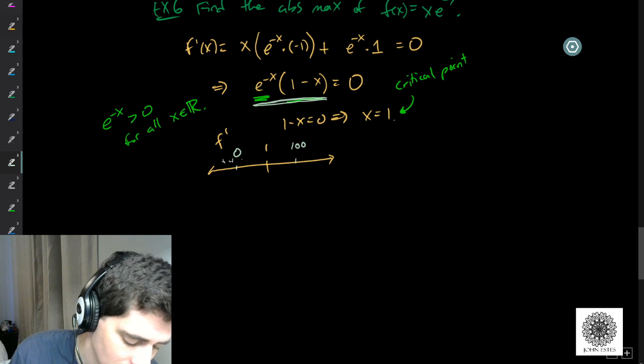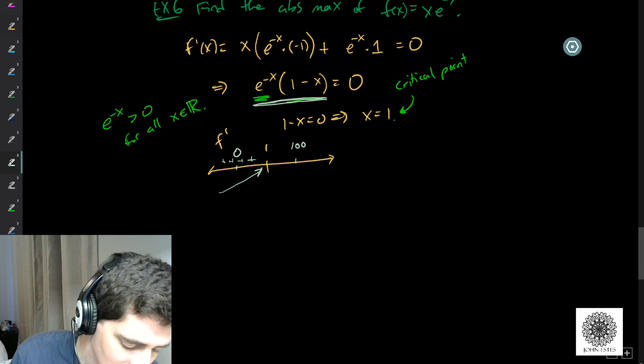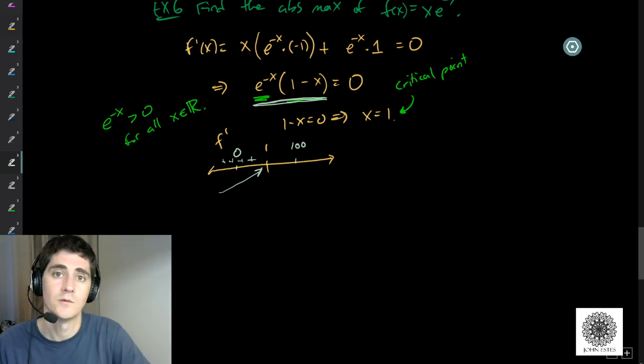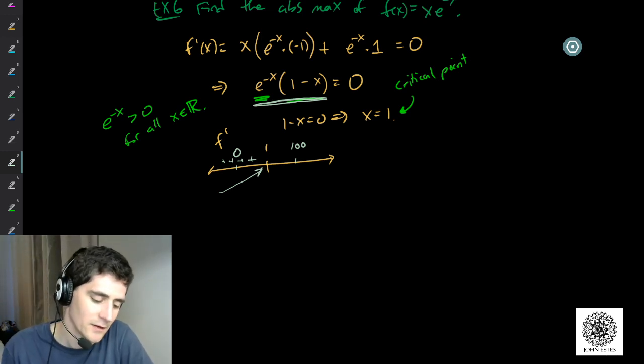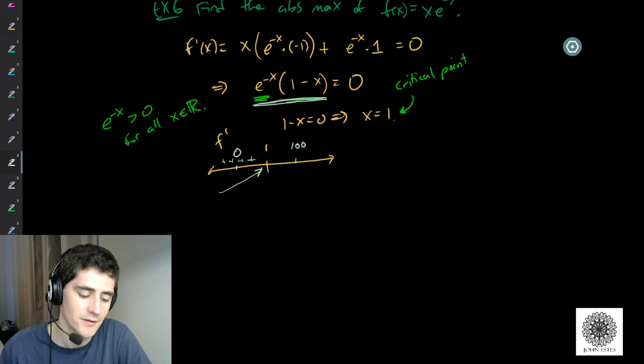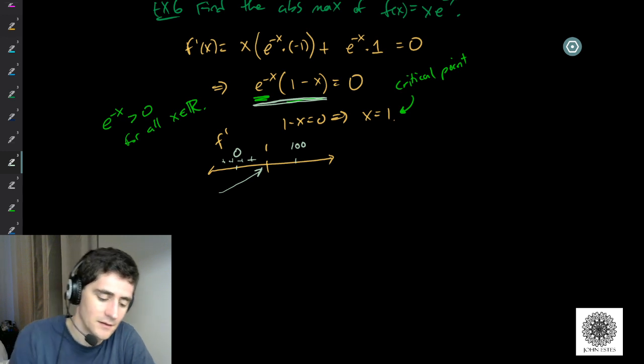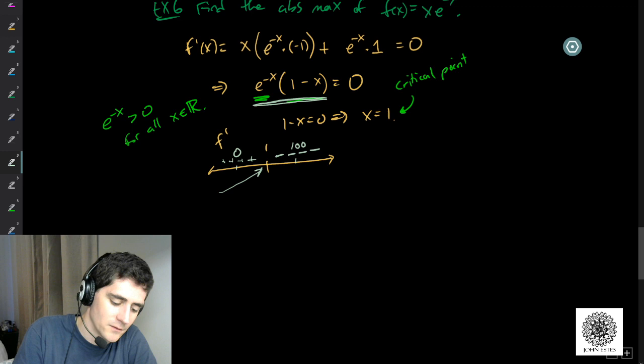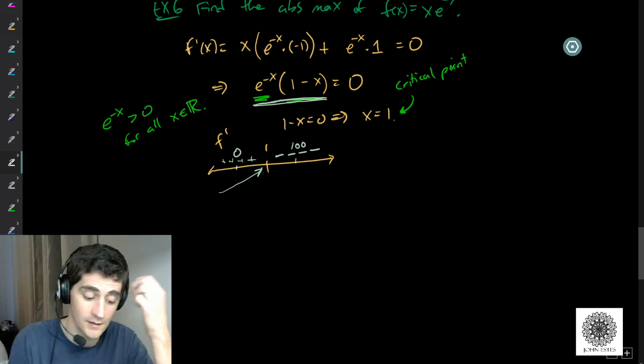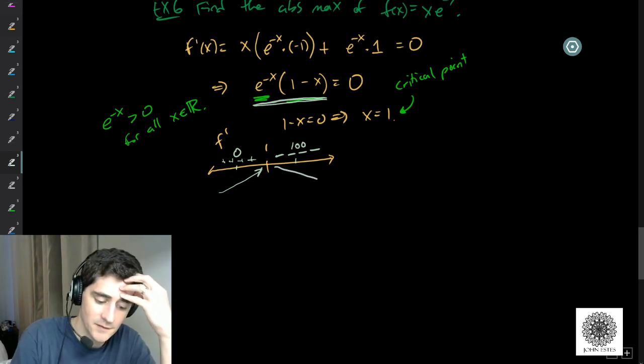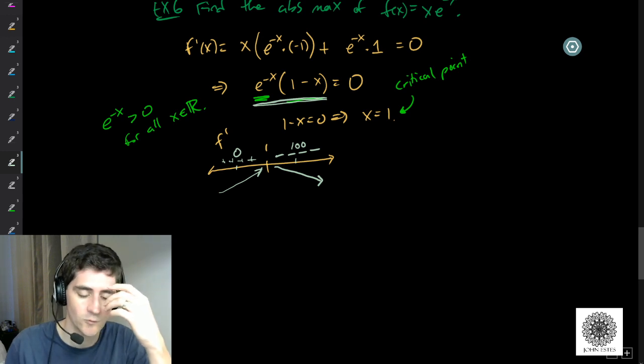which means that my graph is increasing from negative infinity up to 1. If I plug in the value 100, I get e to the negative 100. I don't know what that is, but it's positive, times 1 minus 100, which is negative 99. I get negative values when I plug it into my derivative, which means that my function is decreasing from 1 onward.